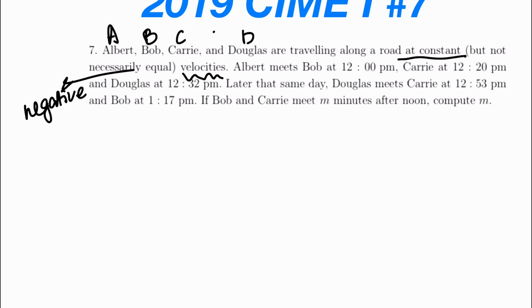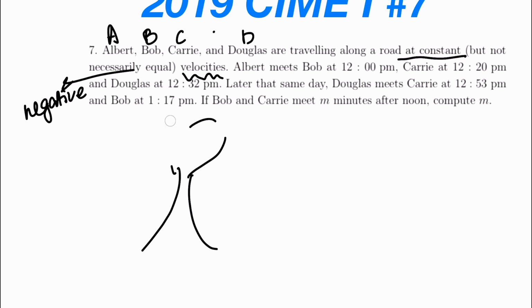Before we proceed with our problem, we can see that maybe Albert and Bob go this way and Carrie and Douglas go this way, or if you will, because their speed is relative, there are no outside influences, there's not something like, hey, there's a tree and I'm 20 kilometers ahead of the tree.